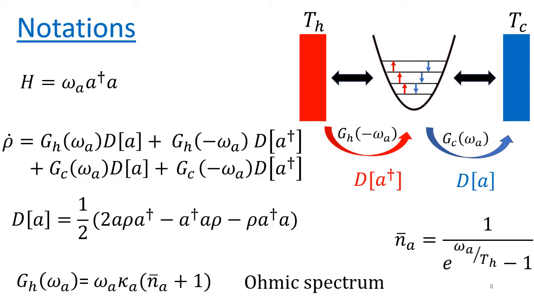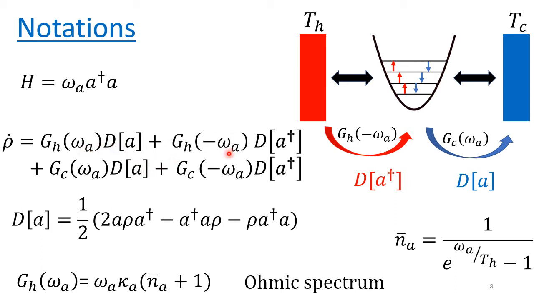Okay, so there is a slight digression here. Before we move to our proposal, I want to introduce some notations which we are going to see in the next slides. In order to do that, let's consider a harmonic oscillator which is interacting with two thermal baths simultaneously. So in this case, we can write the master equation for the harmonic oscillator like this, where D are the Lindblad dissipator operators.